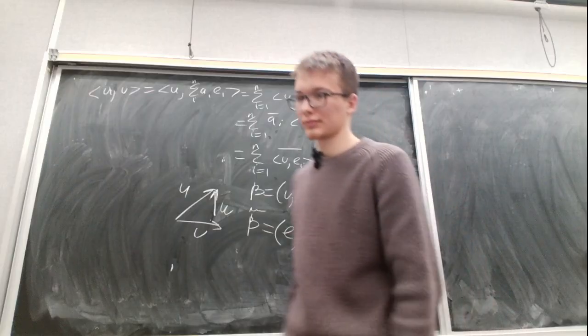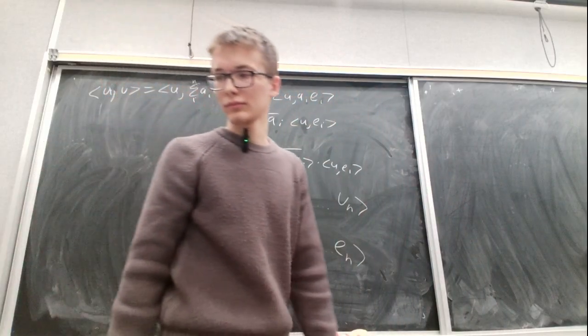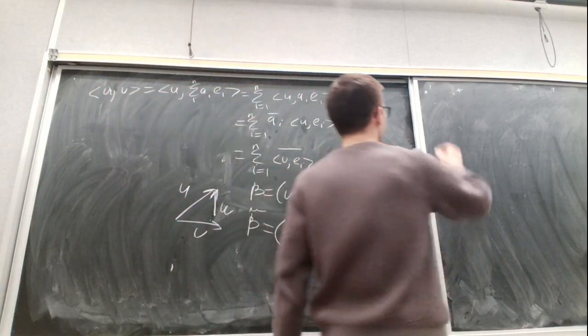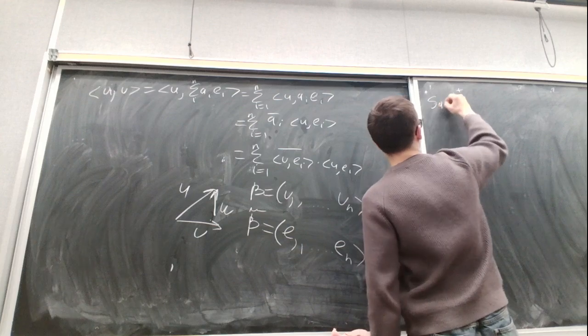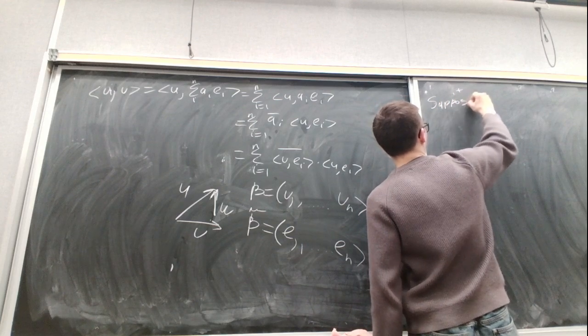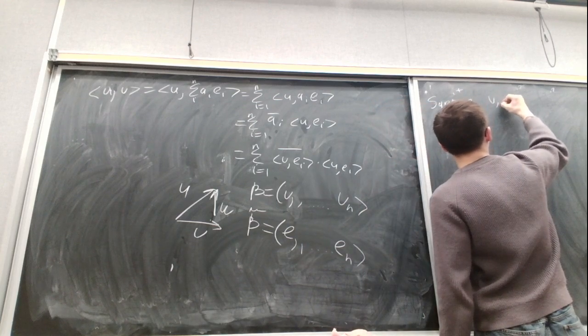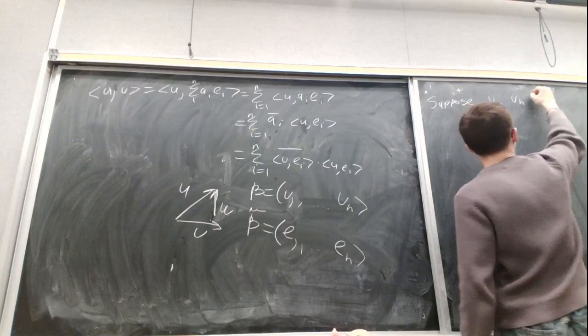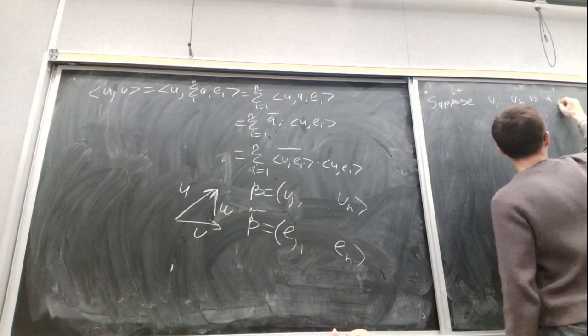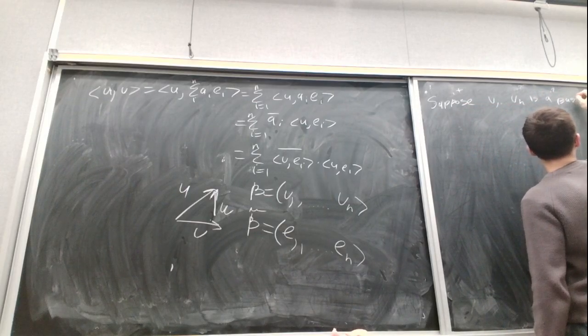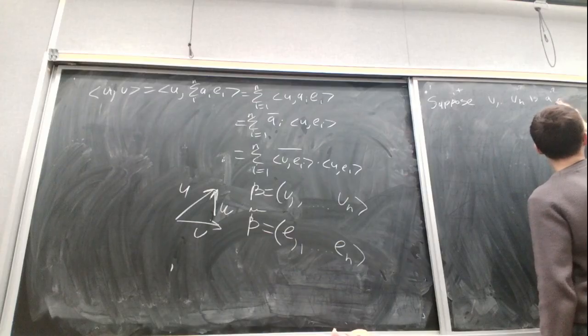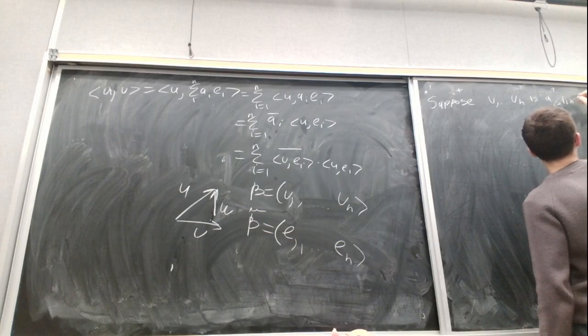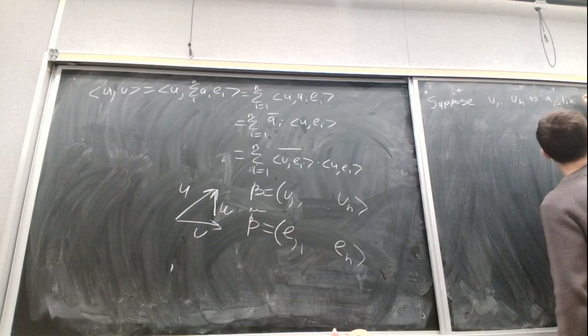How do you know there exists a thing where everything's orthogonal and normalized and very nice? So the claim is that in a finite dimensional vector space, if you have a basis, then there's some procedure using which you can obtain an orthonormal basis out of that one. Proof by construction.